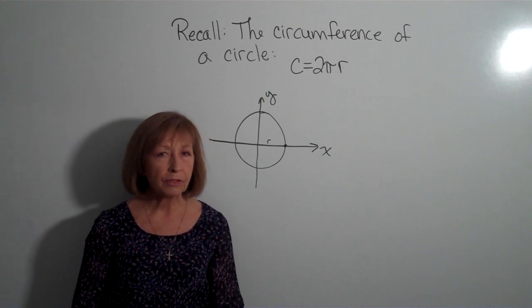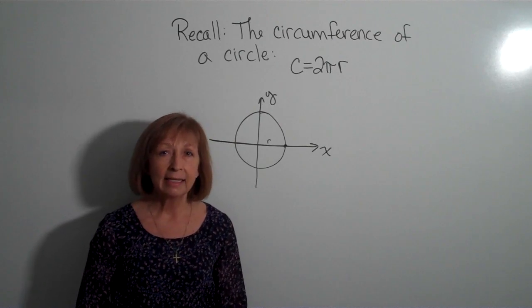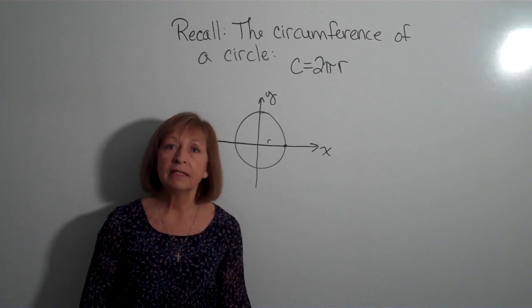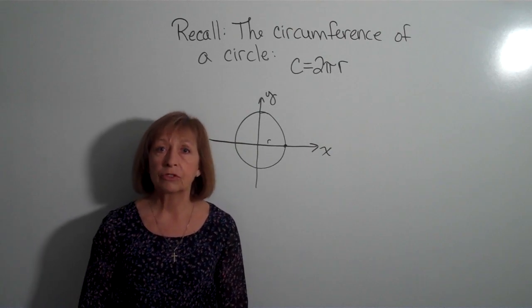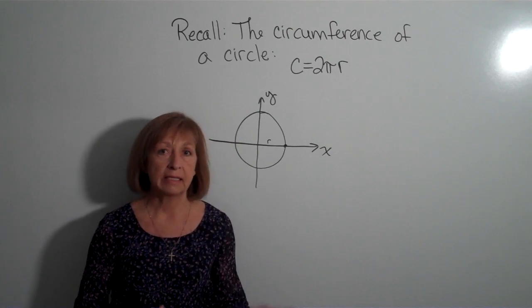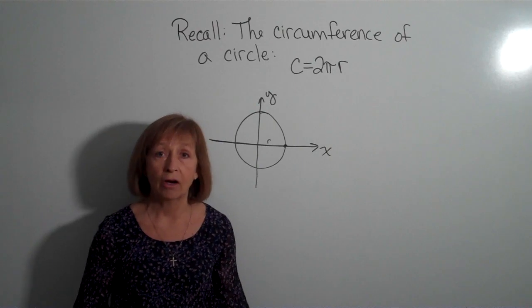We're not talking about the unit circle quite yet. The unit circle specifically is a circle whose radius is 1. Here we're talking about any circle with a specific given radius of r.